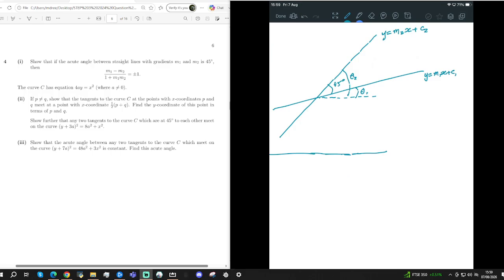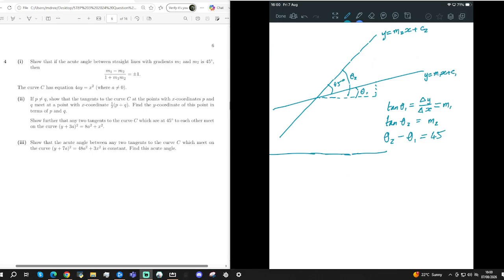And the really nice fact is tan of theta 1 is opposite, which is a change in y, over adjacent, which is a change in x, which is exactly the gradient. And similarly, tan theta 2 is exactly m2, and we've been told that theta 2 minus theta 1 is 45 degrees.